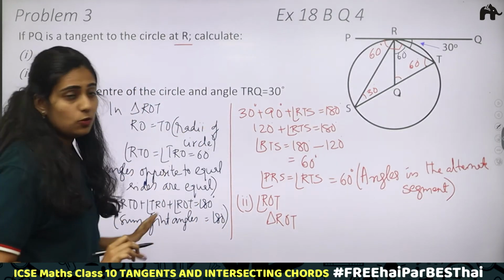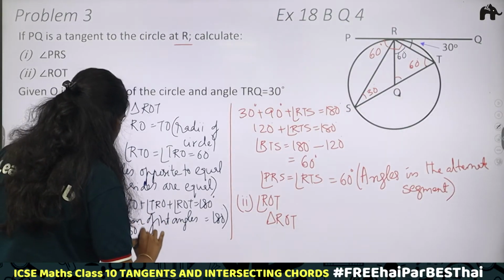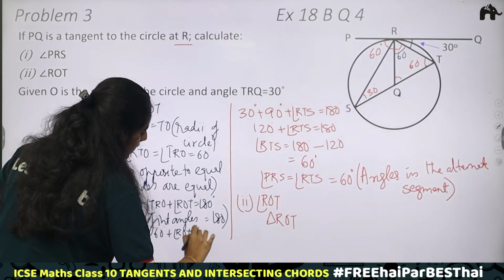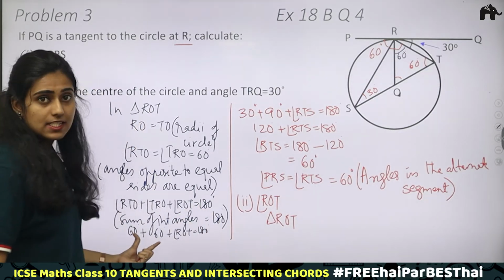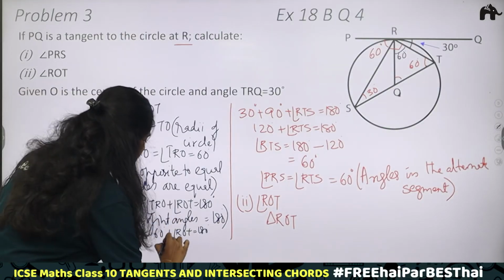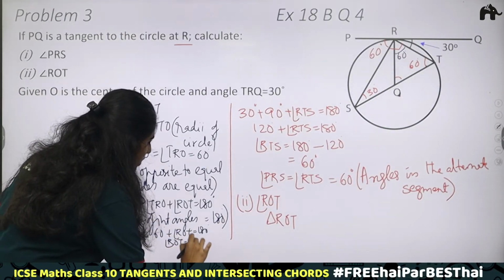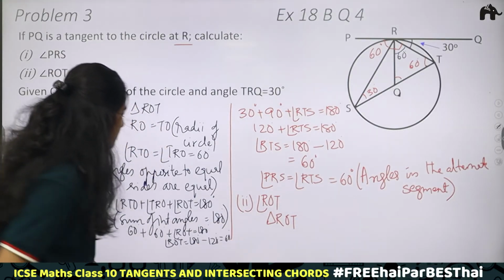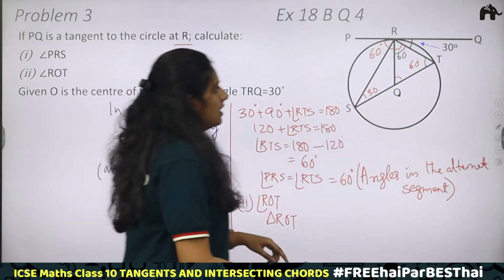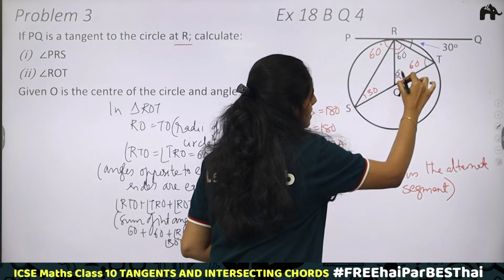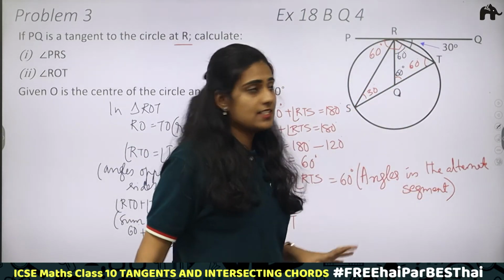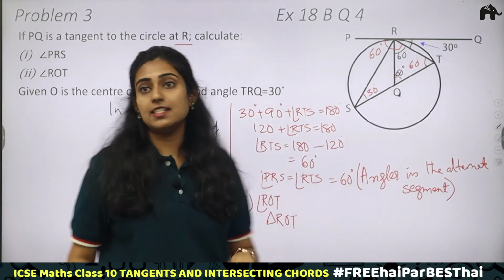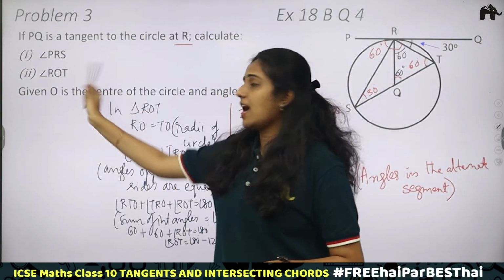RTO is 60 degree plus TRO is also equal to 60 degree plus angle ROT equal to 180 degree. 60 plus 60 we get 120 degrees. Then ROT will be equal to 180 degree minus 120 degree, and that is equal to 60 degrees. Okay, this angle is 60 degree. We get an equilateral triangle. All the angles are 60 degrees. Here we have determined the angles PRS and ROT.